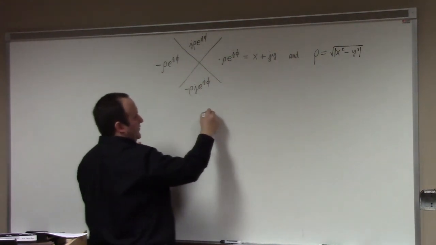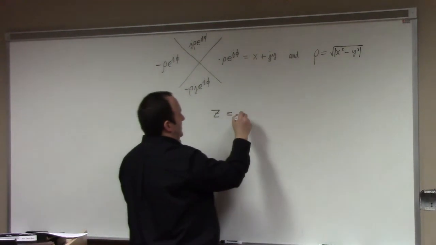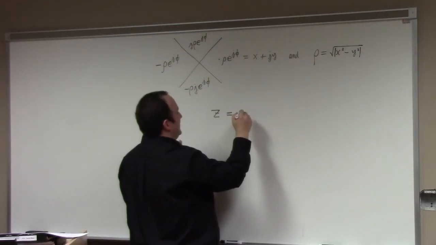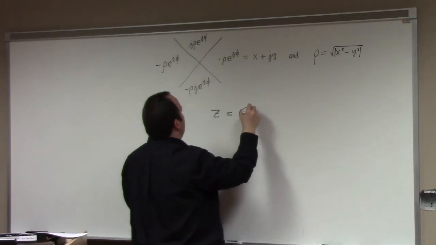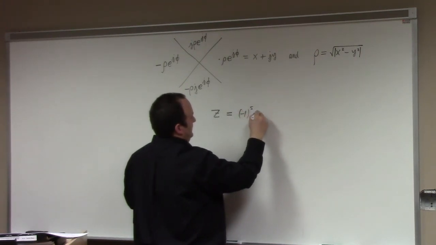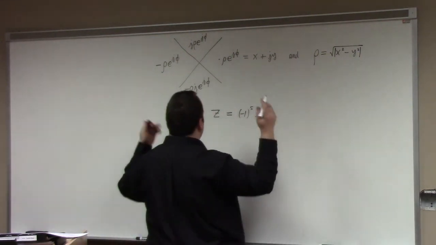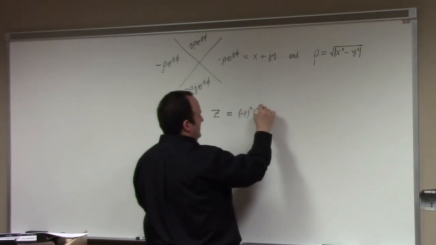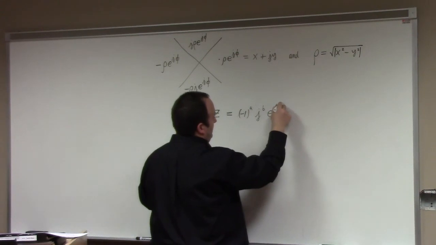So basically, an arbitrary hyperbolic number can be represented in a sort of pseudo-polar form. Let's say minus 1 to the a, j to the b, e to the j phi.